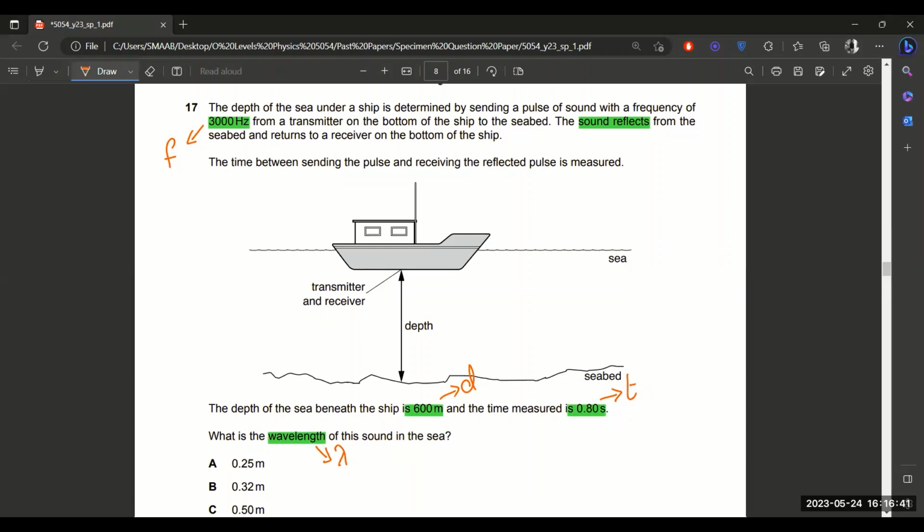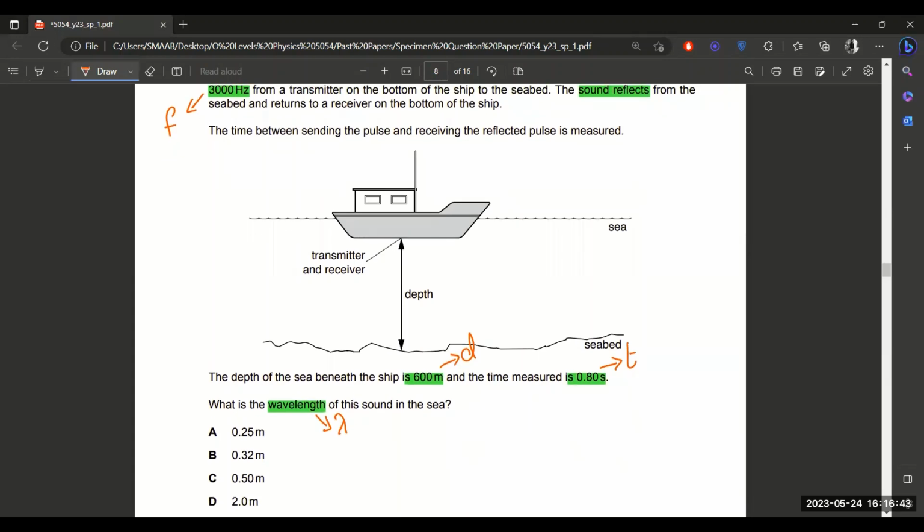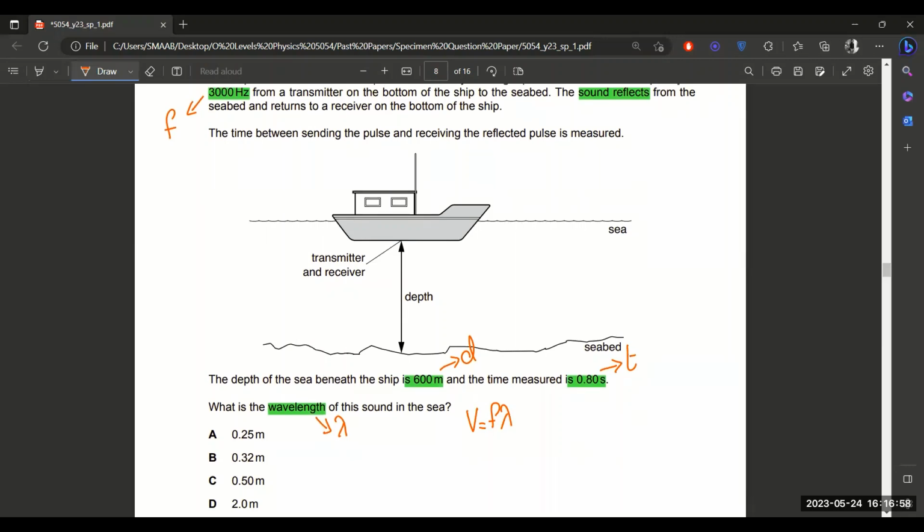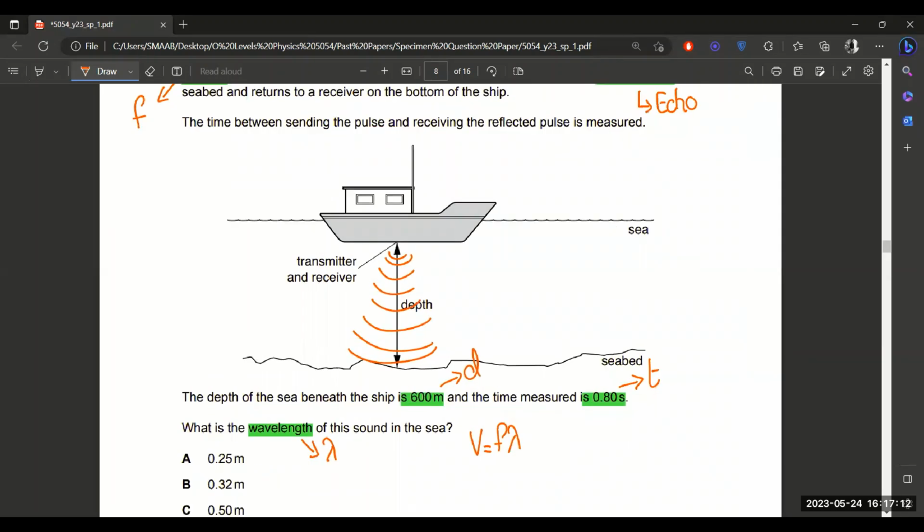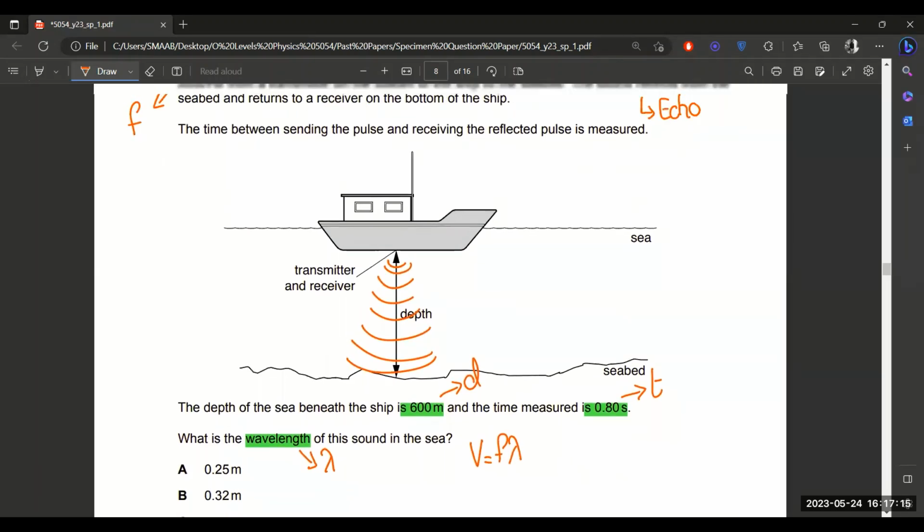First of all, let's see the basic formula related to the wavelength. If we want to find the wavelength, V equals F lambda. That is the simple formula. We already have the value of frequency, but we do not have the value of V. But there is a concept of sound reflection, so we need to use the concept of echo, because sound is transmitted in the downward direction and again moves in the backward direction, reversing back to the ship.